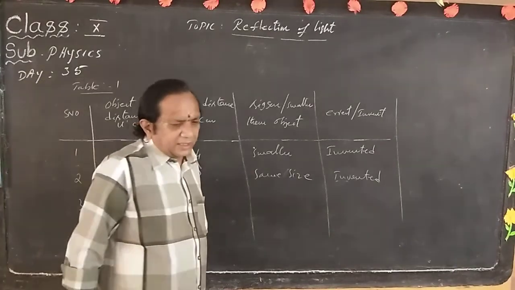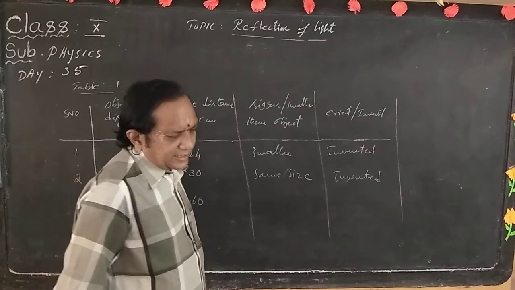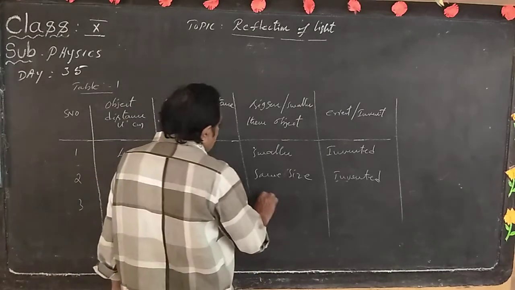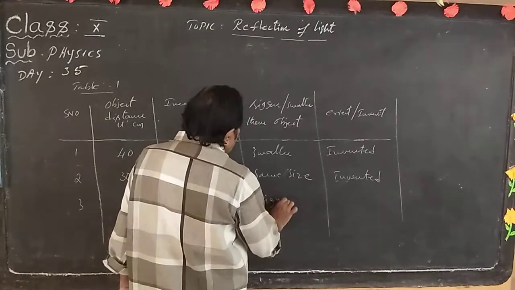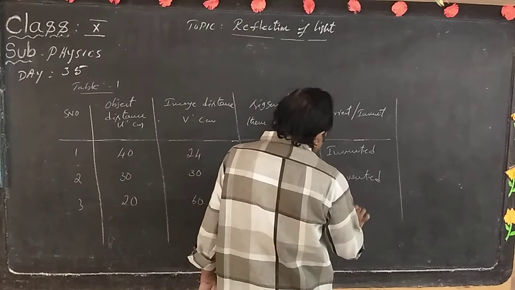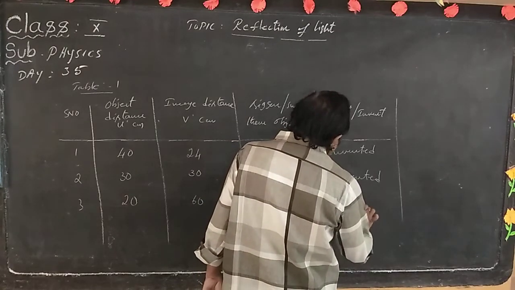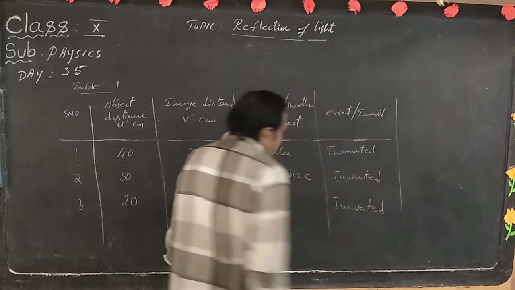The image is formed at 60 centimeters. It is bigger than the object, and it is also inverted.